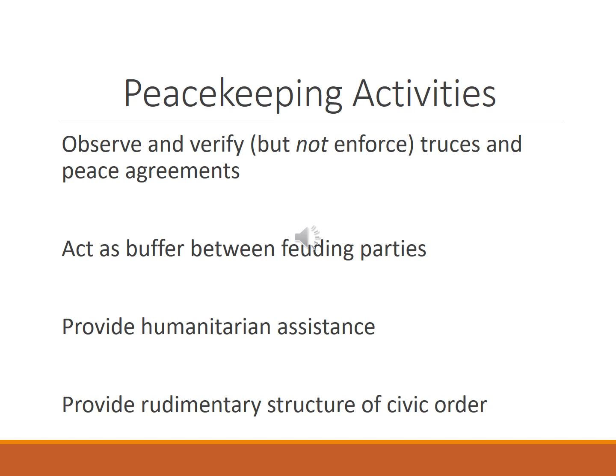They are not to intervene to enforce any kind of agreement. Secondly, especially in situations where the two sides do not trust each other, peacekeepers can serve as a buffer between the territory controlled by two feuding parties, in some kind of neutral no man's land that's occupied by the peacekeepers, where neither side is welcome.